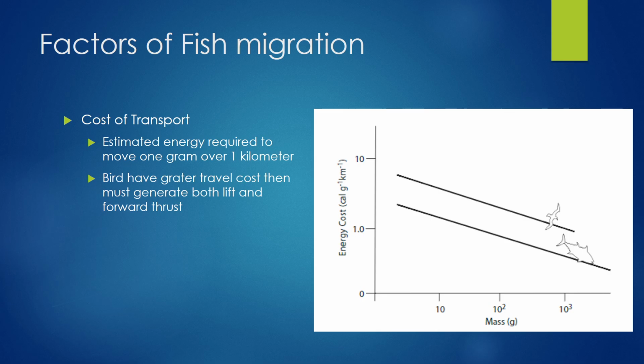Another thing to note is that birds have a greater travel cost than marine mammals do because they have to focus on uplift, which marine organisms don't have to focus on because they are in a suspended water environment and often have buoyancy controls such as a swim bladder or a fatty liver.